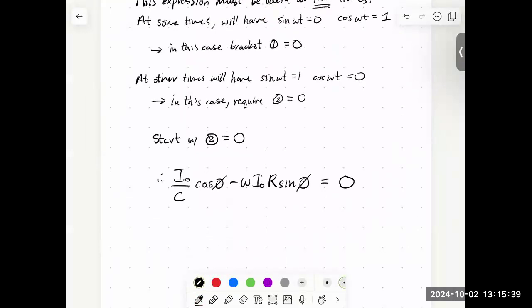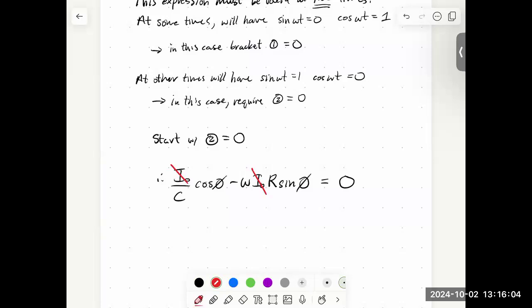Okay, well, that's not so bad, actually. One nice thing that happens here is that both terms have I naught. So if I divide by I naught, 0 divided by I naught is still 0. Now I have an expression that's only in terms of a single unknown, and that's phi.